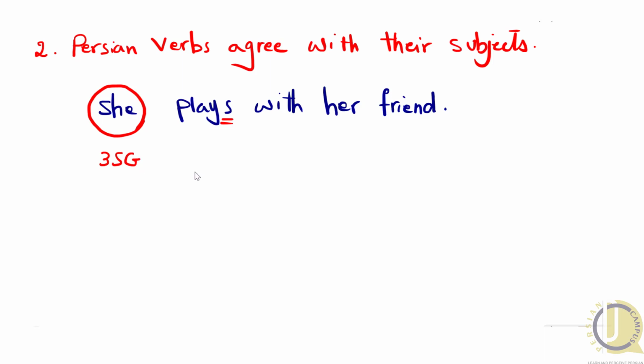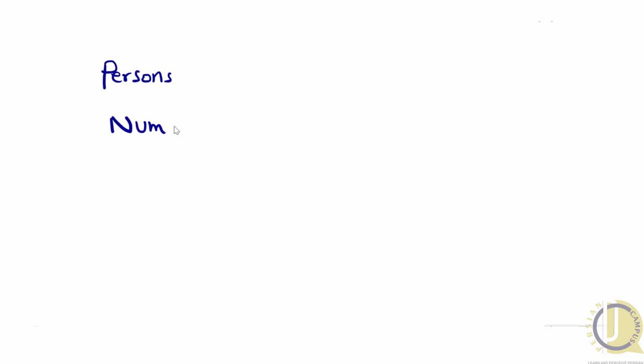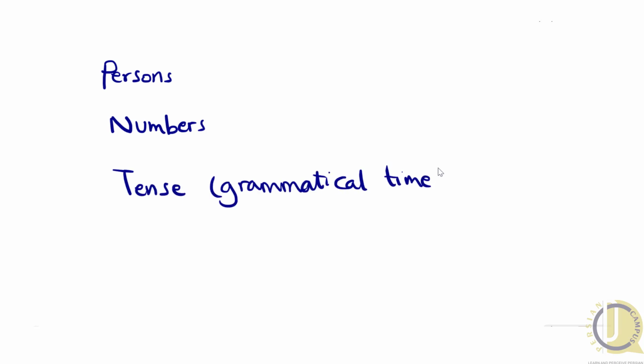In Persian, we have the same thing for all person and numbers, as well as tense, grammatical time. The present and past tense conjugation of the verb raftan, to go, for first, second, third person singular, and plural is as follows.